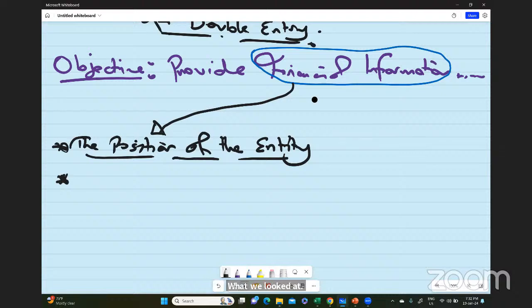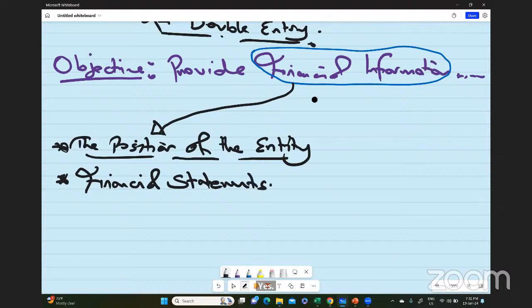It is a very strong basis for whatever we are going to be studying today. Yes? It is basically financial statements.